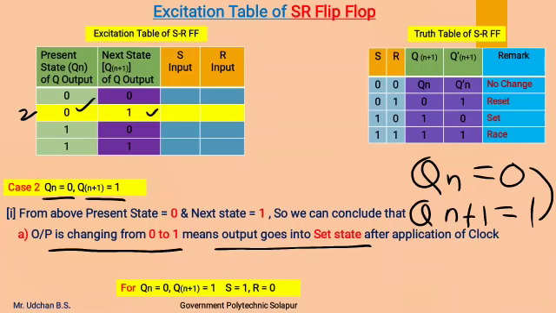When Qn plus 1 is 1, that is output is in set state, the input combination of S and R is 1 0. Therefore for the second case the value of S will be 1 and value of R will be 0.